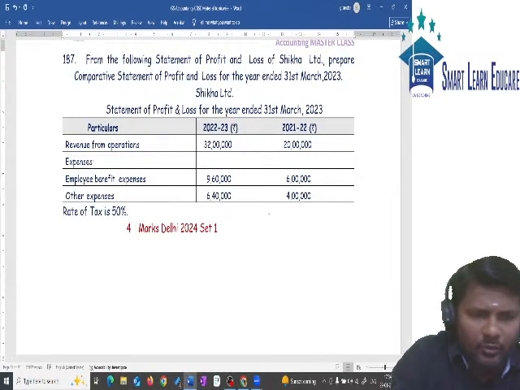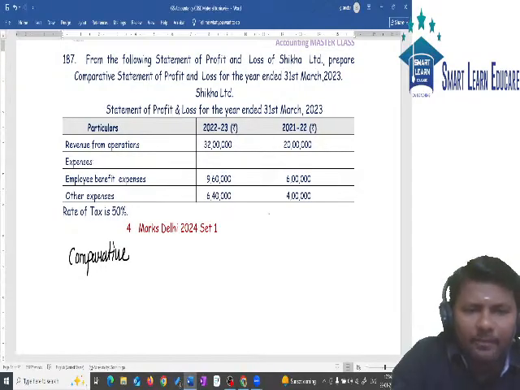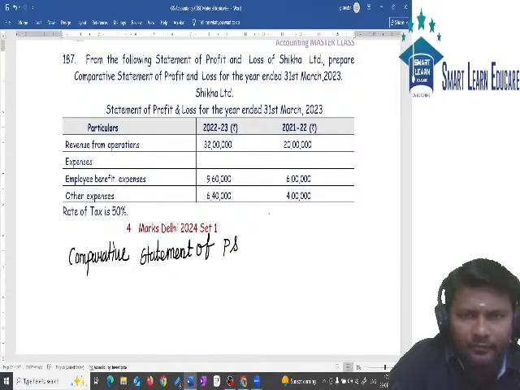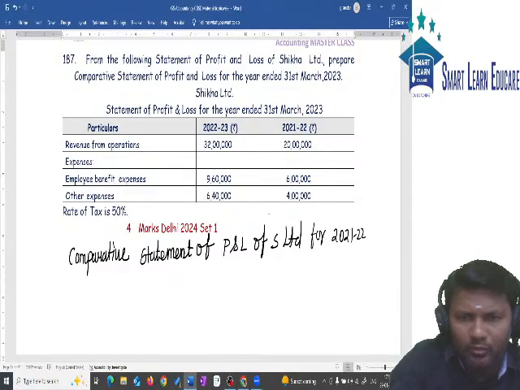So the question order requirement: comparative statement of P&L of S Limited for 2021-22 and 22-23.